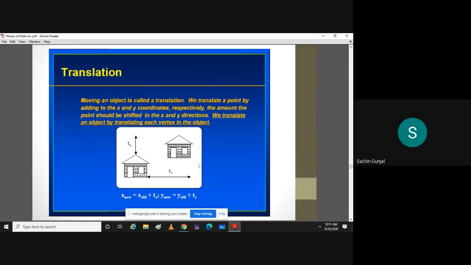You can translate that vector by an amount tx and ty respectively in those two components, and that resulting vector will become x new, which is equal to x old plus tx, and y new will become y old plus ty. So you can see that this image gets translated by a certain amount of tx and ty, and this is the new image we have got.